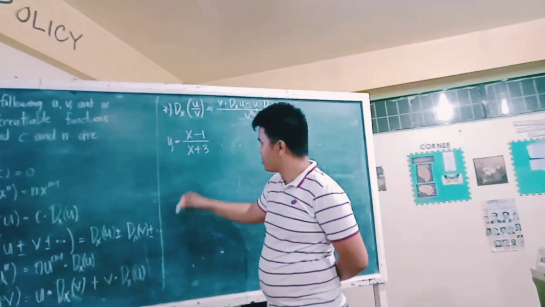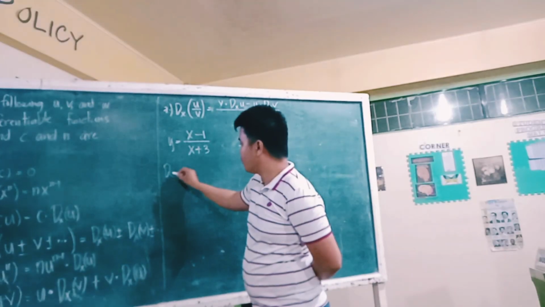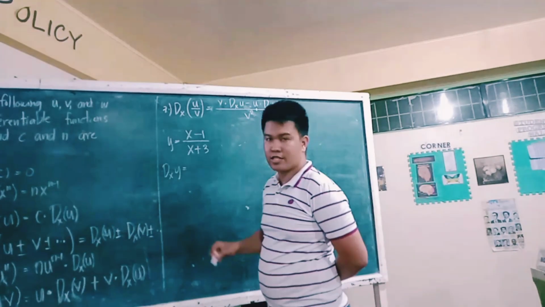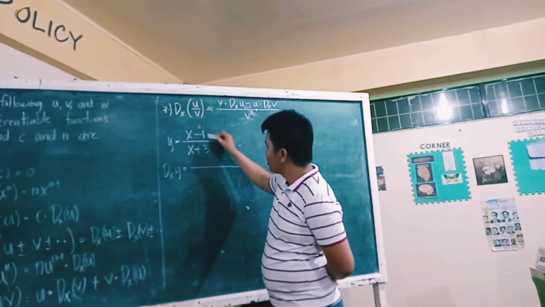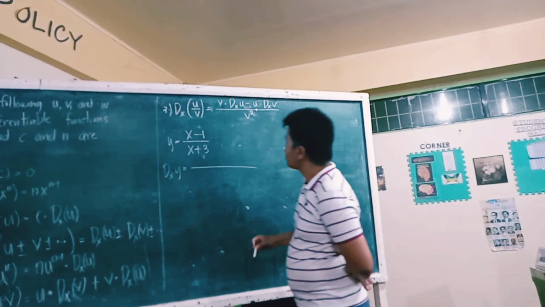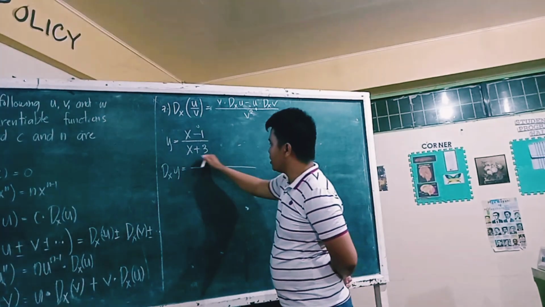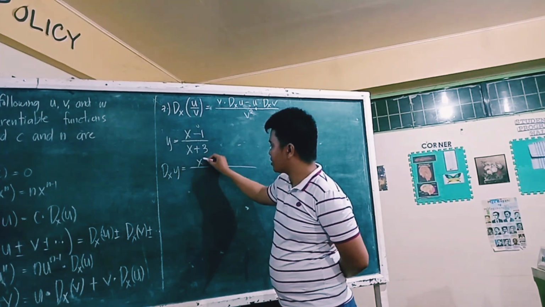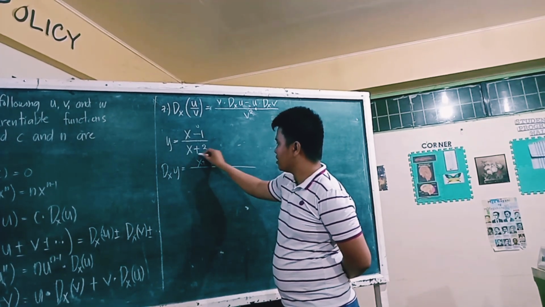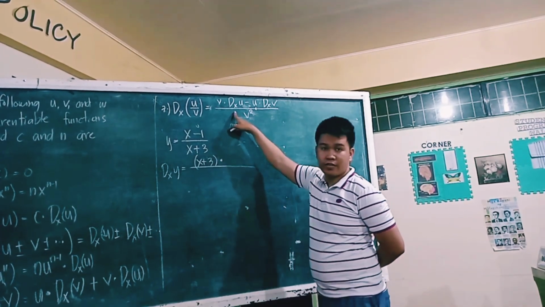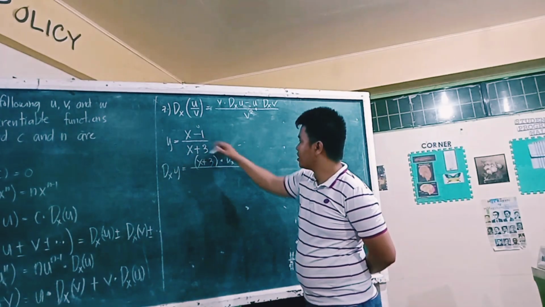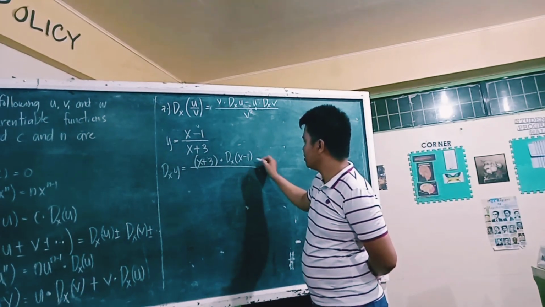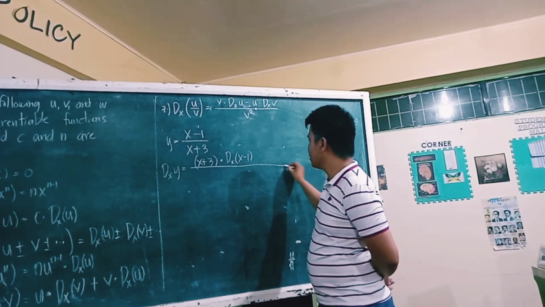So the derivative of y with respect to x is equal to, since this is our u and this is our v, we will write firstly v. So we have x plus 3. What's next? The derivative of u, which is x minus 1, minus u.